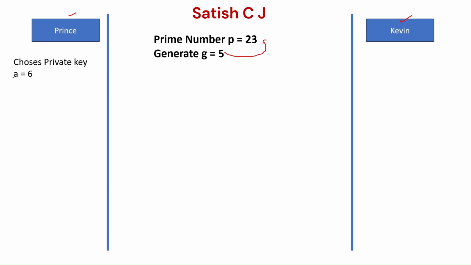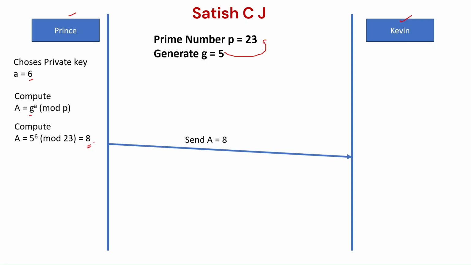The value of a he takes, the private key, is 6, and then he computes the value of capital A, that is G power a mod P. G is the generator with the value 5, a is the secret key that has a value 6, P is the prime number 23. So the computation of A is 5 power 6 mod 23, which yields the result 8.